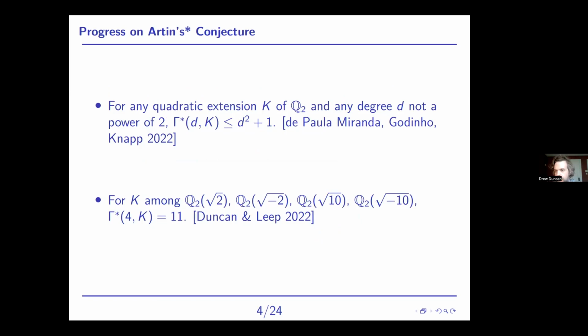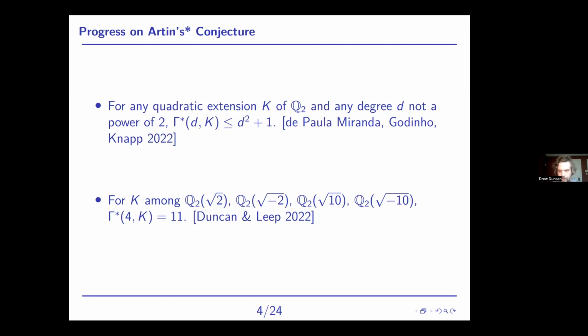And I can add something very small to this. For 4 of those ramified extensions, and in fact, I know this is true for some of the other extensions as well, for one particular power of 2, 4, gamma star is exactly equal to 11, which is, of course, less than d squared plus 1.